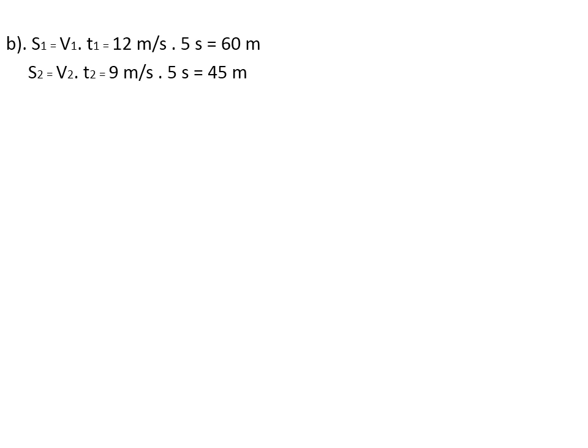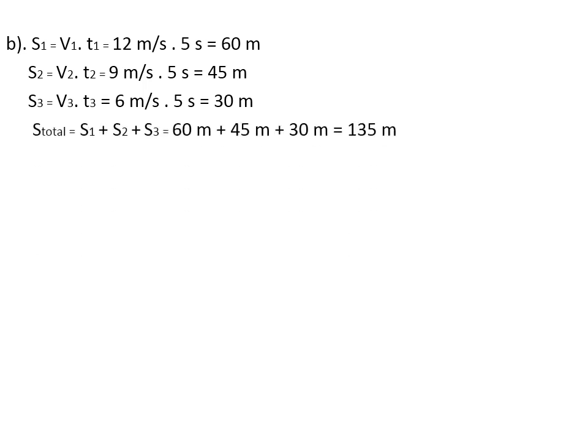S2 equals V2 times T2 equals 9 meters per second times 5 seconds equals 45 meters. S3 equals V3 times T3 equals 6 meters per second times 5 seconds equals 30 meters.